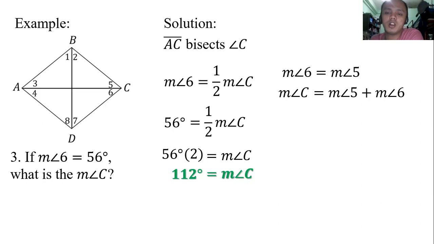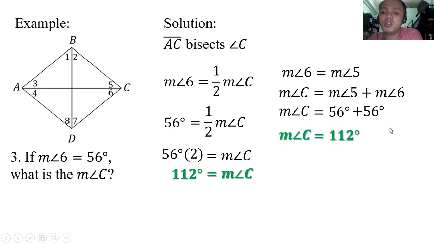Substitute the measure of angle 5 with 56. Since the measure of angle 6 is 56, which is given, therefore the measure of angle 5 is 56 also. 56 plus 56 would be equal to 112 degrees.